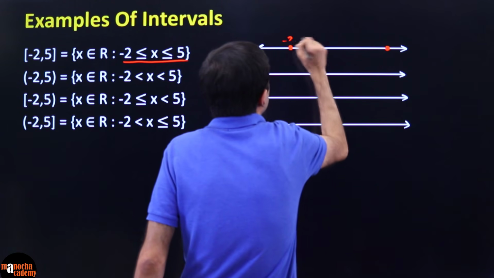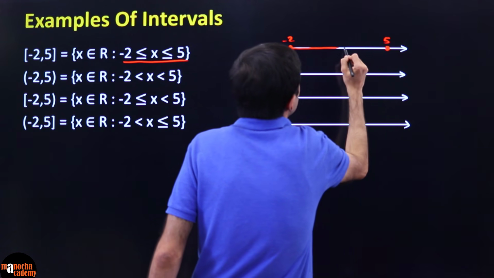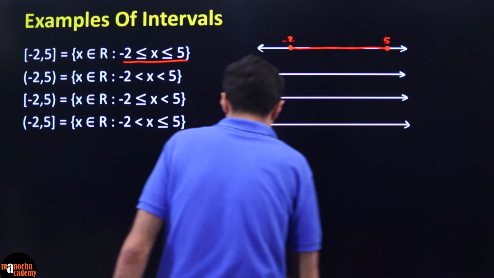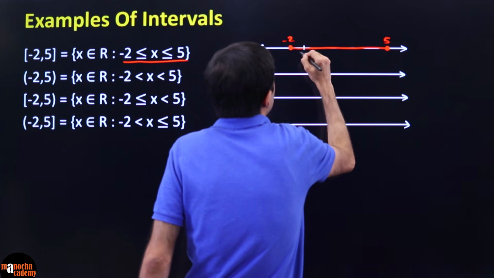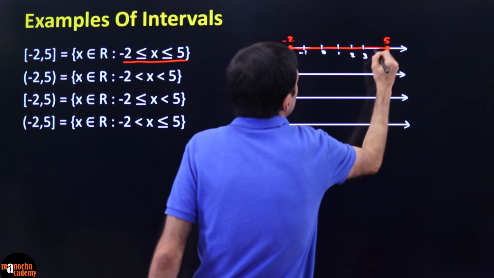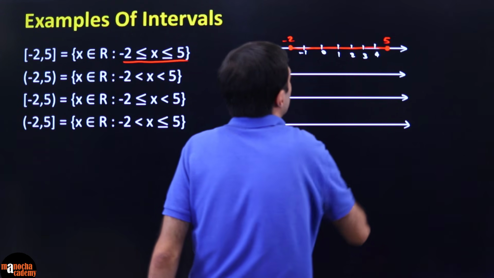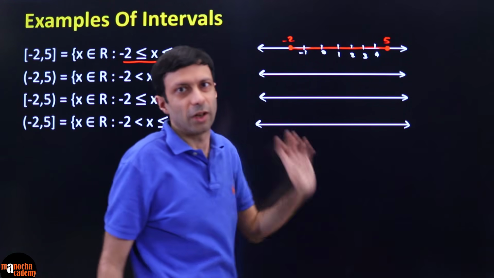Right? So let's say this is minus 2, this is 5, and all the numbers between it. And let's say you can mark here, this is minus 1, this is 0, this is 1, 2, 3, 4. Okay? So remember, for the closed interval, we will use solid dots.